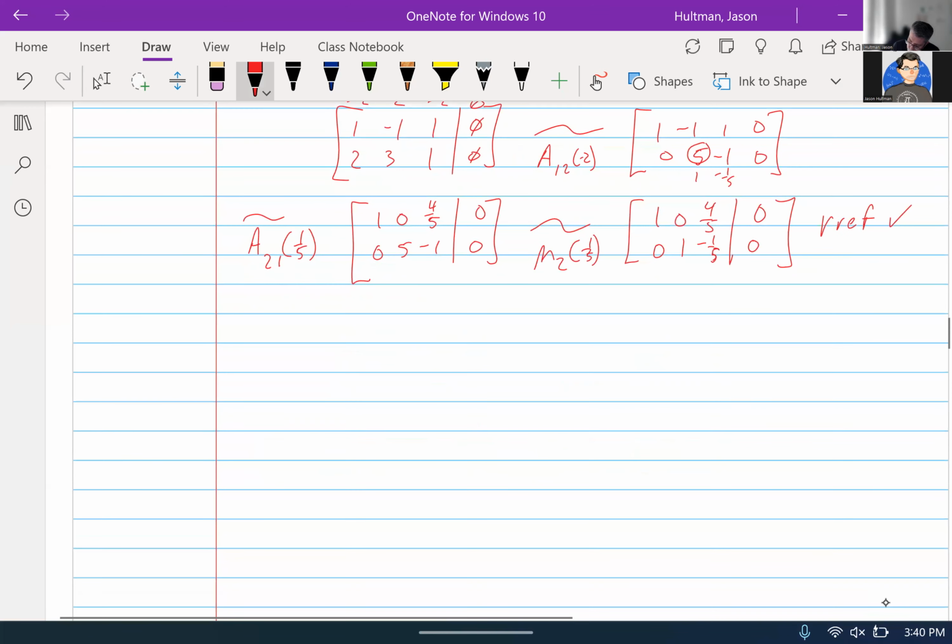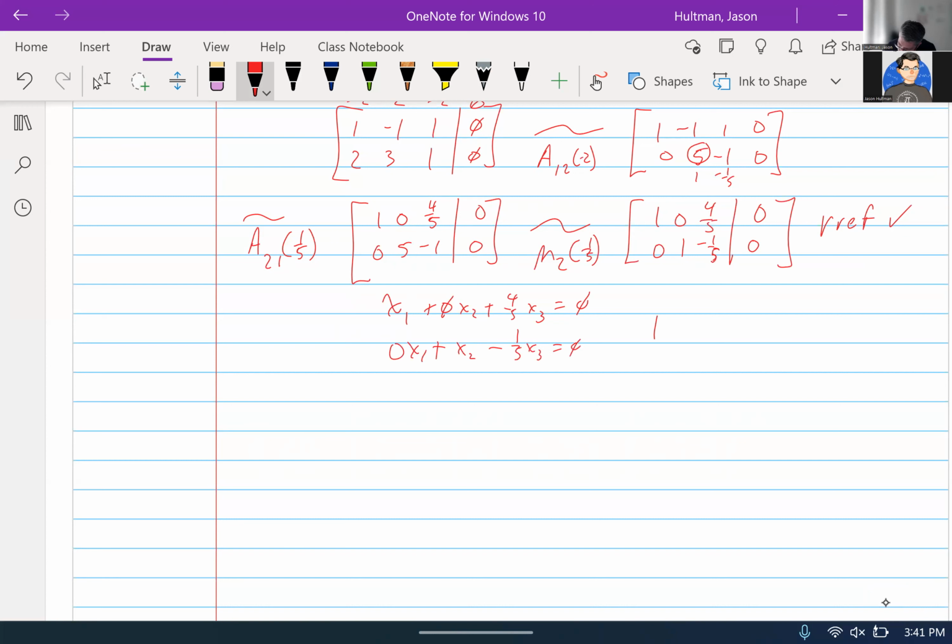Okay. And so I want to write this reduced row echelon form back as a system of equations, which will help me solve for my variables. So this gives me x1 plus 0x2 plus 4/5 x3 is equal to 0. And then 0x1 plus 1x2 minus 1/5 x3 is equal to 0.